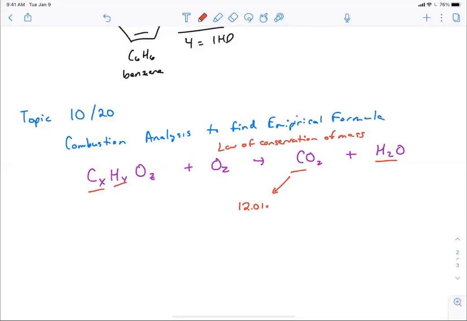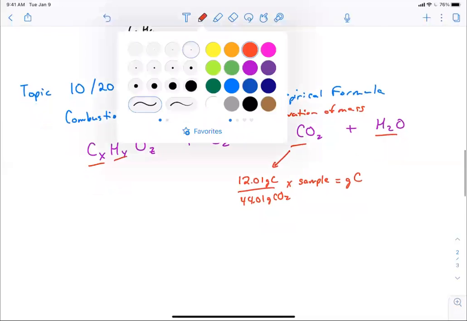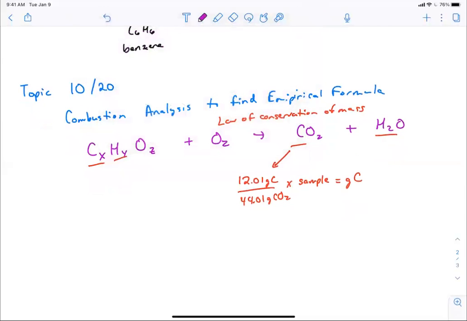Every 12.01 grams of carbon are found in 44.01 grams of CO2. That ratio is always true. So if you multiply it by your sample, you'll get the mass of carbon. And same can be said of water, 2.02 grams of H over 18.02 grams of H2O times its sample is grams of hydrogen.